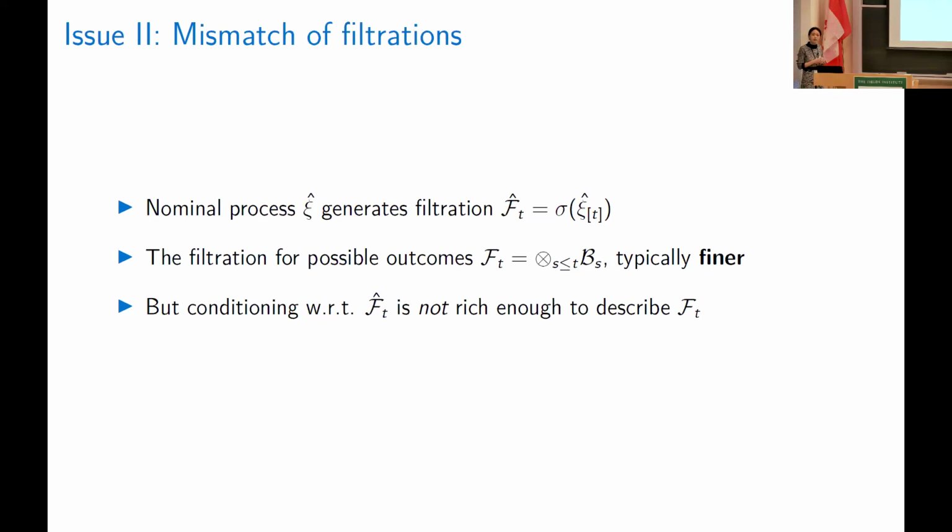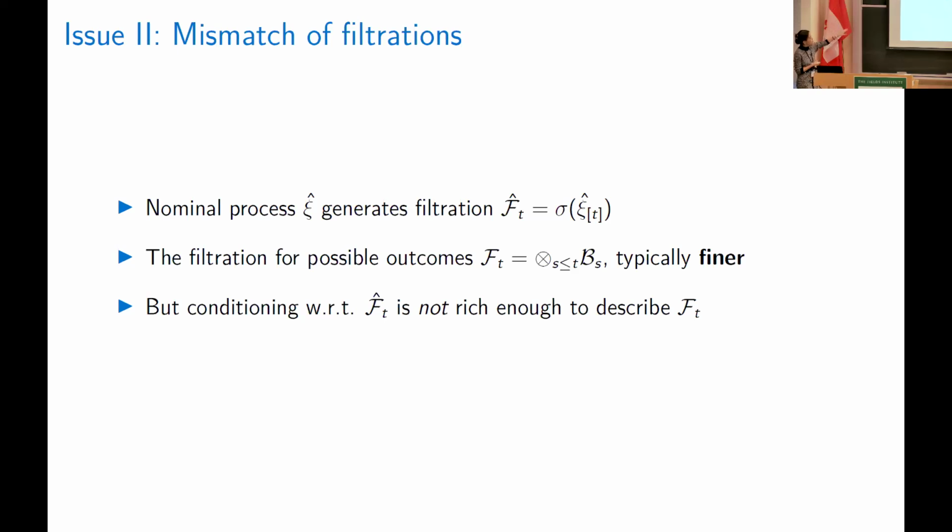Because if I want to define the conditional risk mapping at each period little t, I need to filter using the filtration up to time little t. However, the nominal process, this xi hat, generates a corresponding filtration. We call it the filtration F hat.